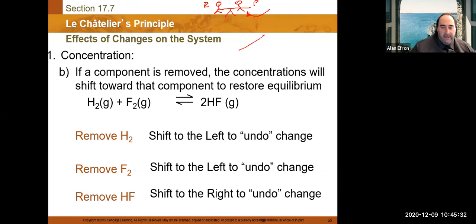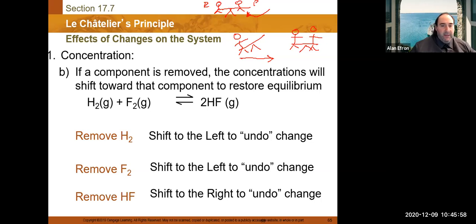In order to fix that, we need to go towards the right-hand side, or the products, where we removed it, and put somebody else back on there. Now we would be back to equilibrium at this particular point. So when we remove, it goes towards whichever side you removed it from.